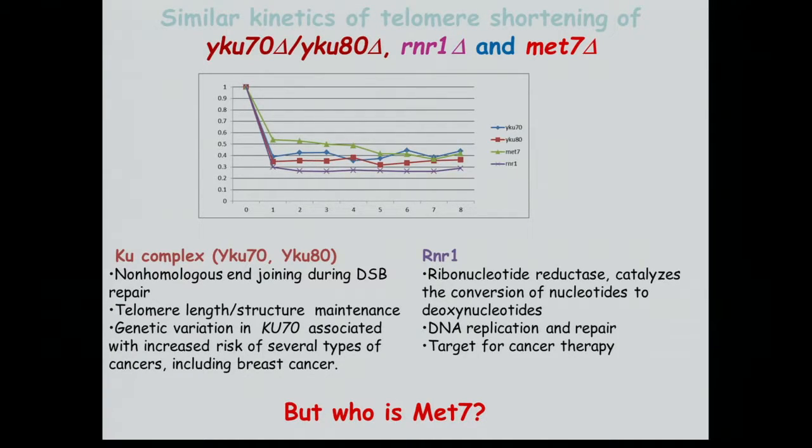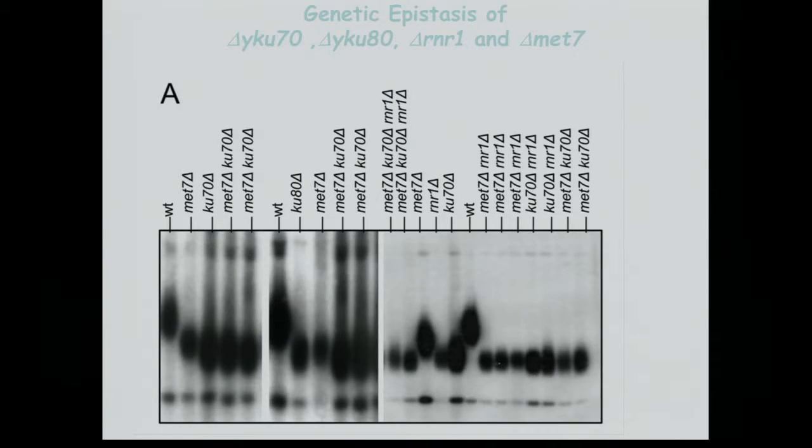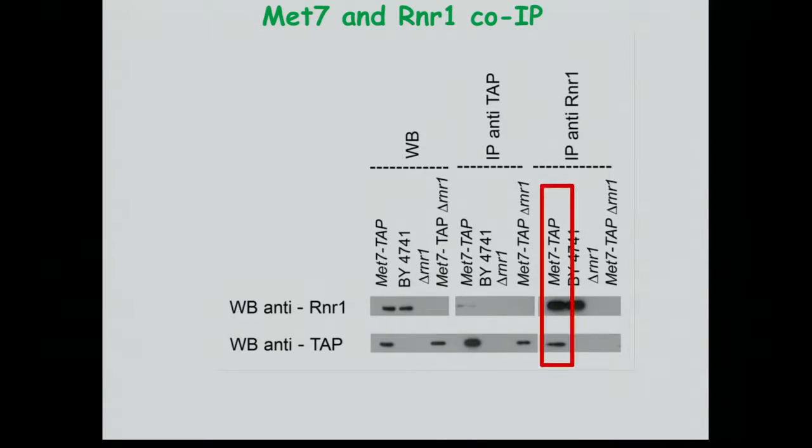We had no idea what they were doing, and so we did biochemical experiments to try to find out what they did. I'm not going to enter into all the biology because it will be boring for you, but suffice to say that we found out who these proteins were and how they were related to each other and what was the mechanism that was being activated.